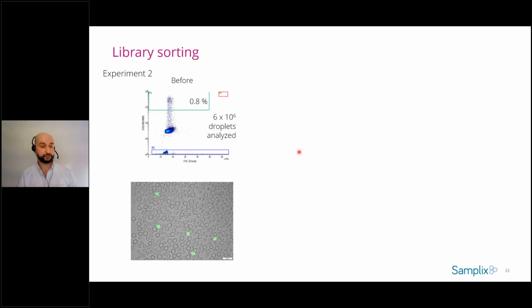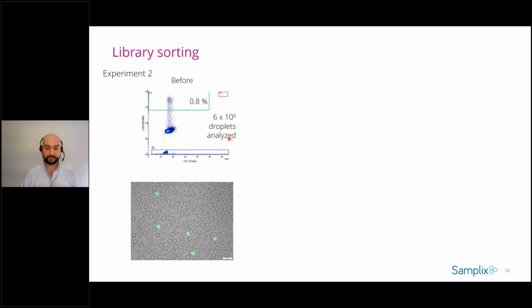Afterwards, we sorted this library. So before, on the flow cytometer, it looked like this. This is also a reflection of the microscopic analysis. You can also confirm that we have only rare events here.